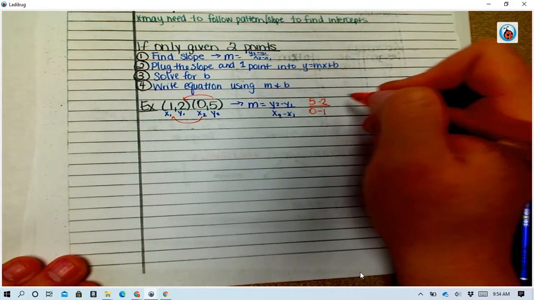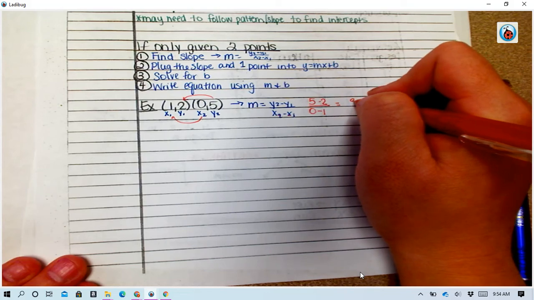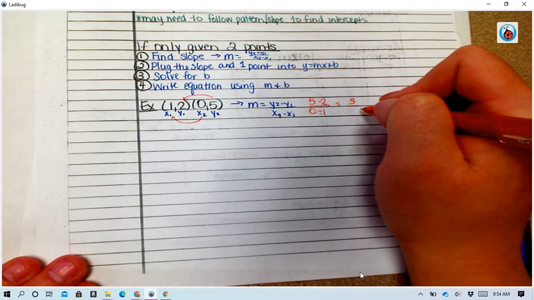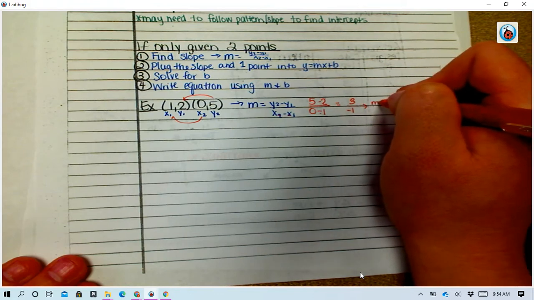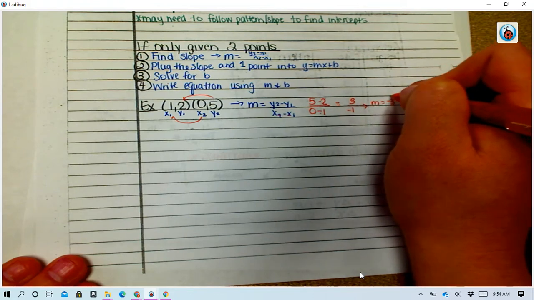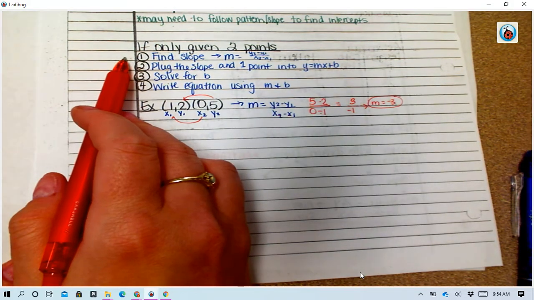And then you do the math. So 5 minus 2 is 3. 0 minus 1 is negative 1. So that means that the slope that we're going to use is negative 3. That's your very first step.